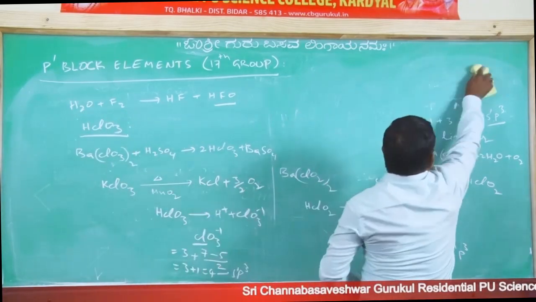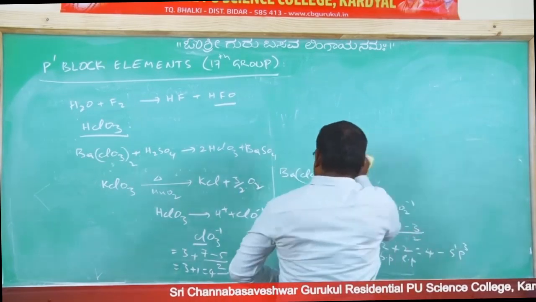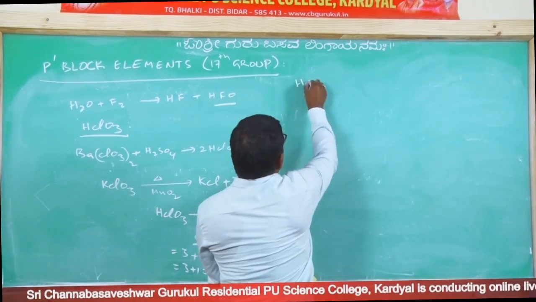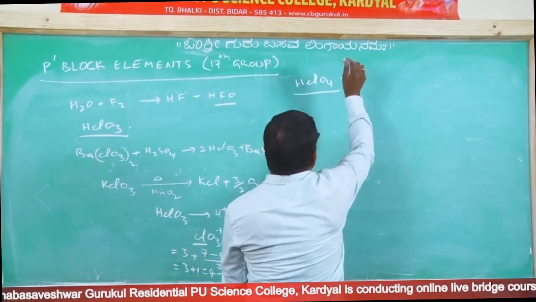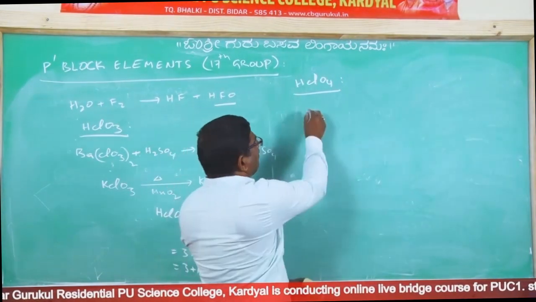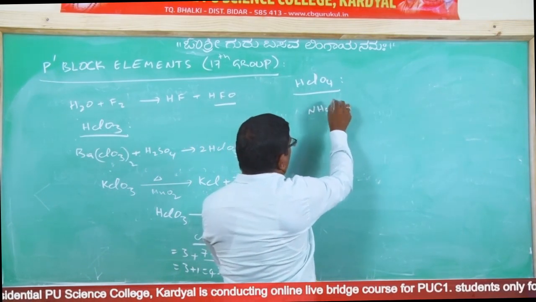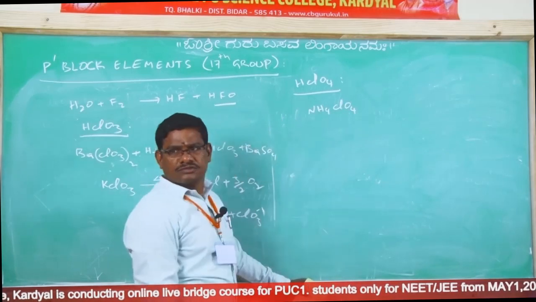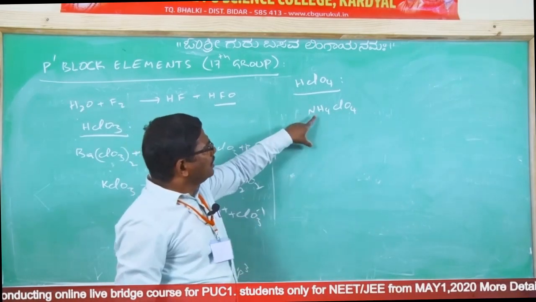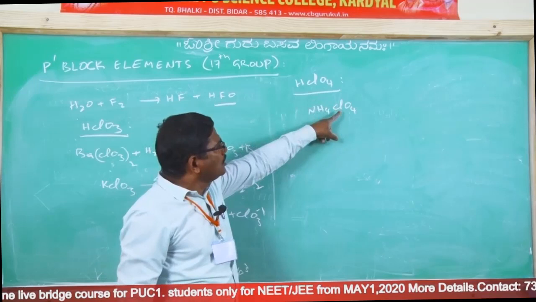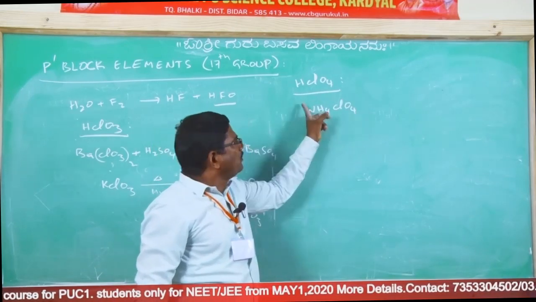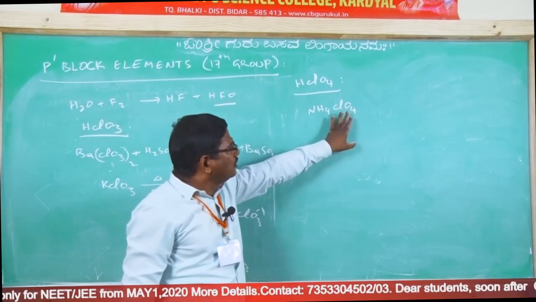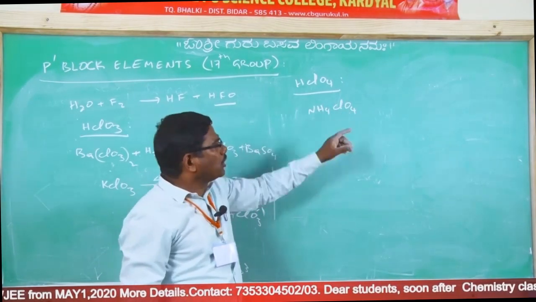And finally, perchloric acid, HClO4. How is this perchloric acid prepared? When ammonium perchlorate, NH4ClO4, is used. That is the ammonium perchlorate formula: NH4 plus is univalent, perchlorate is minus 1, plus 1 and minus 1. Therefore 1 cation is enough to form ammonium perchlorate with the perchlorate anion.